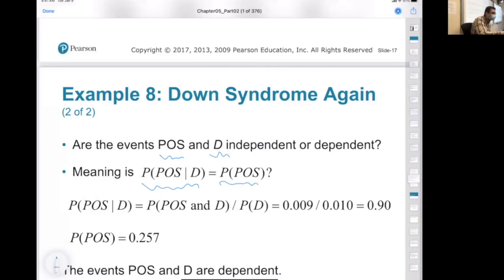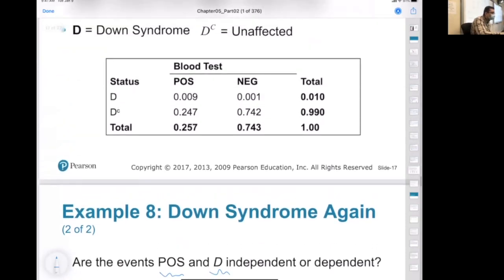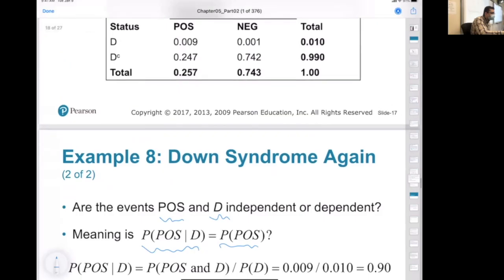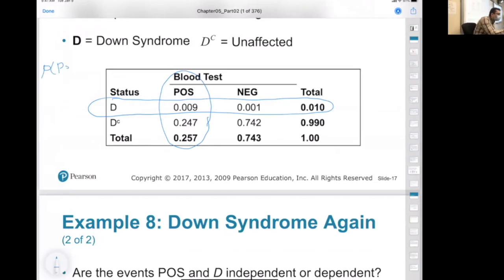So if we return to here, the probability of positive given D is equal to the probability of what?